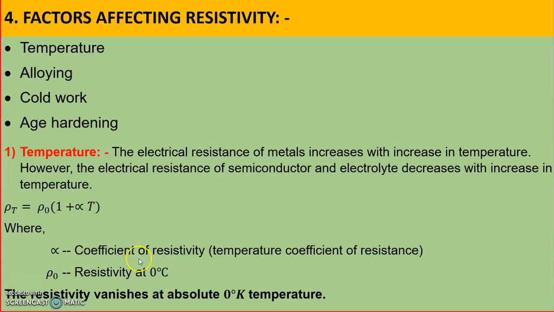Alpha is the temperature coefficient of resistance, and rho zero is the resistivity at 0 degrees Celsius. So to find out resistivity at a certain temperature, you need to know resistivity at another temperature, and then you can find it using this formula. Write down this formula, simple problems will be asked.